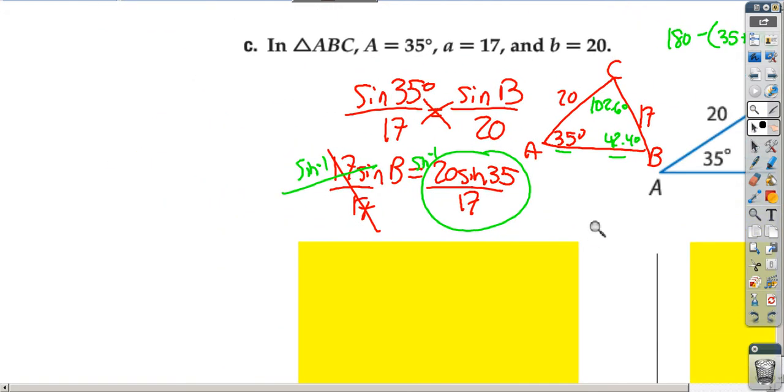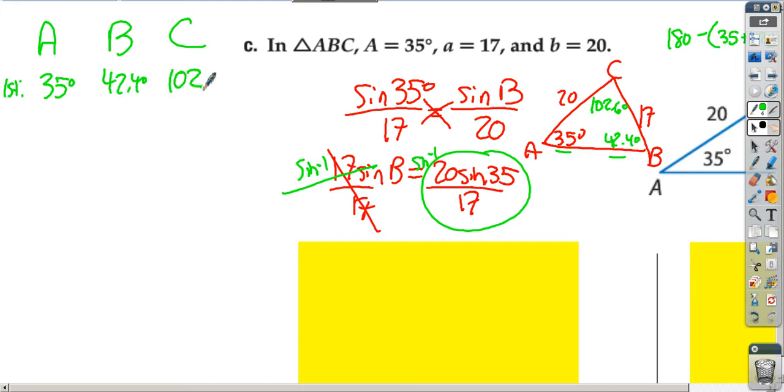So here's what I want to show you. Okay, let's take a look and see, is there potentially another triangle? So our first triangle, we had angle A 35, angle B is the first thing we solve for, and that's important because we're going to have to use that one.